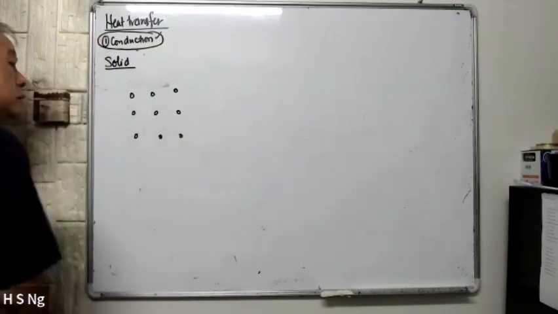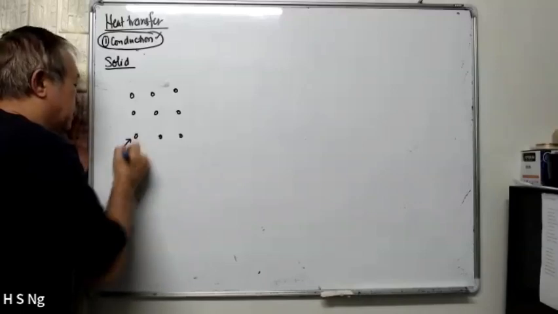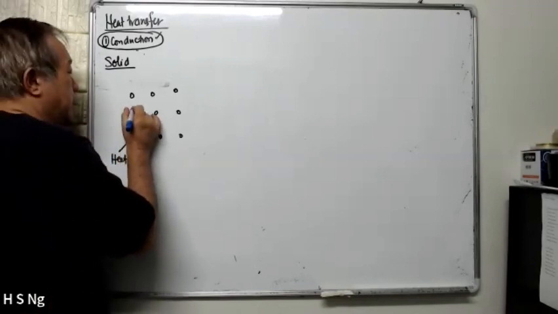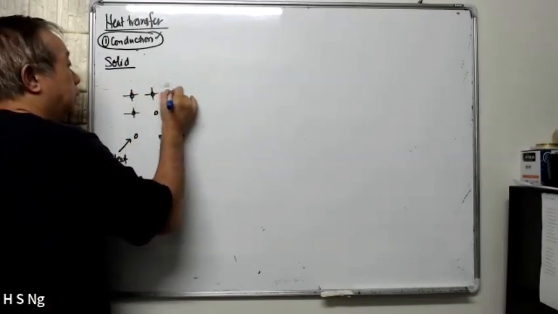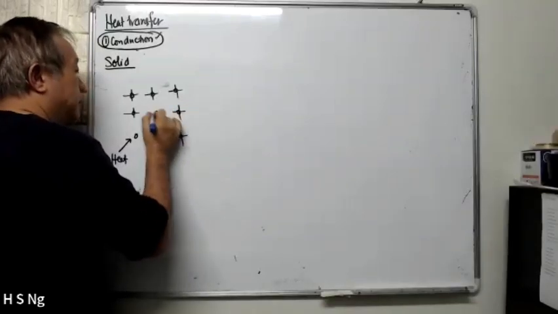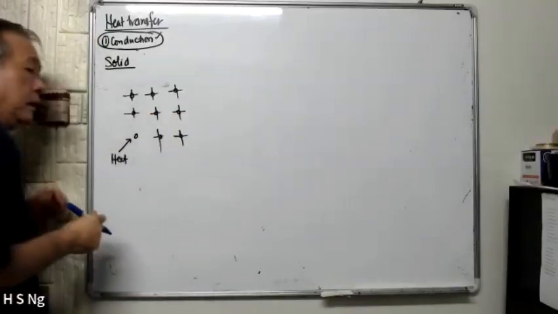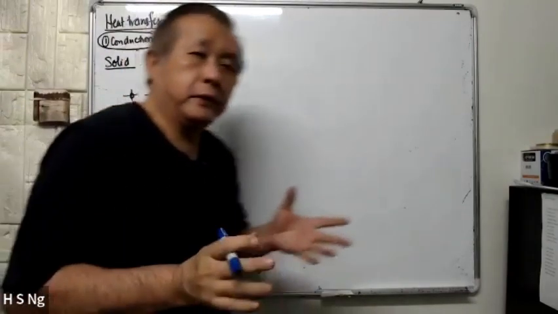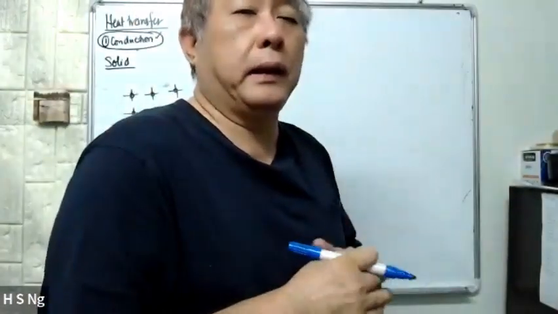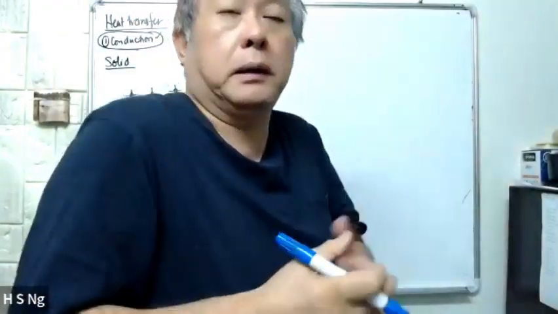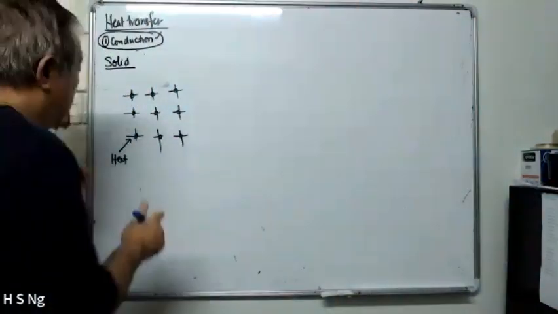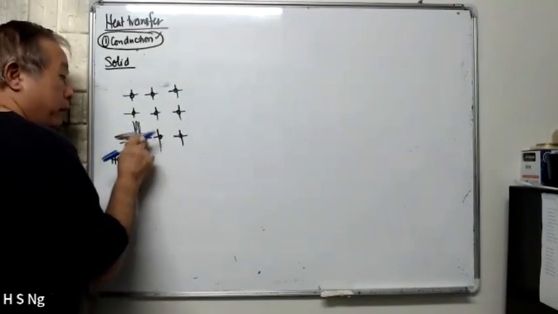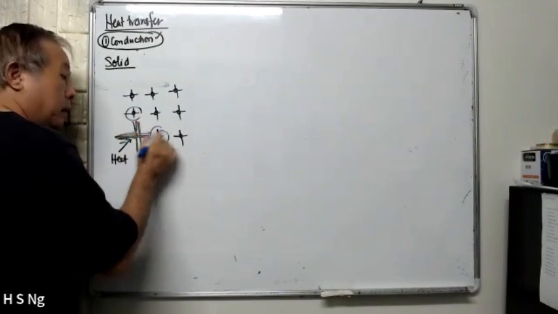I'm not going to draw a lot. Let's say when you heat a particular part of a solid, at first you find that they will vibrate like that. But when you heat a particular section, the ion or the atom there will gain kinetic energy. So they vibrate with bigger amplitude. And then when they vibrate with bigger amplitude, they collide with the neighbor.